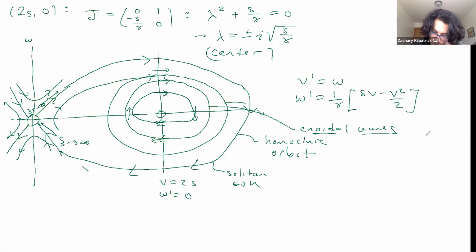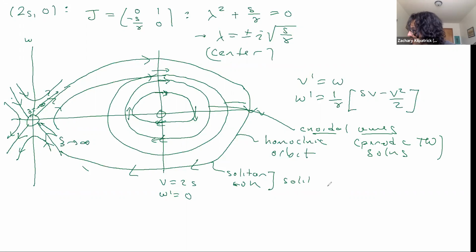And essentially, these are periodic traveling wave solutions. Okay, so even though those aren't what we were looking for, we discovered them by sort of unfolding this phase plane analysis. Okay, so our soliton solution is our solitary traveling wave solution, okay?